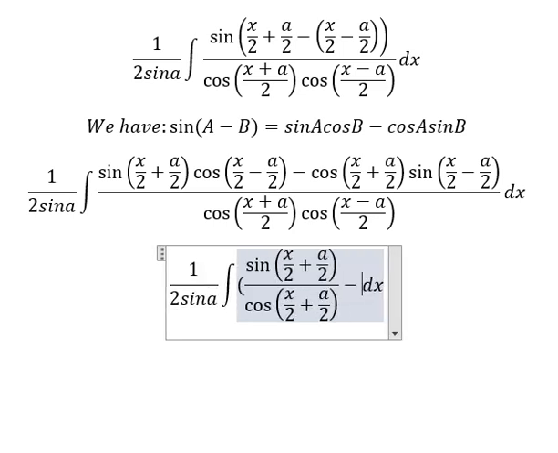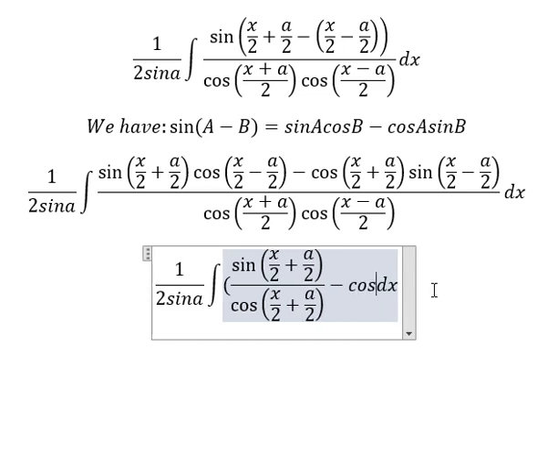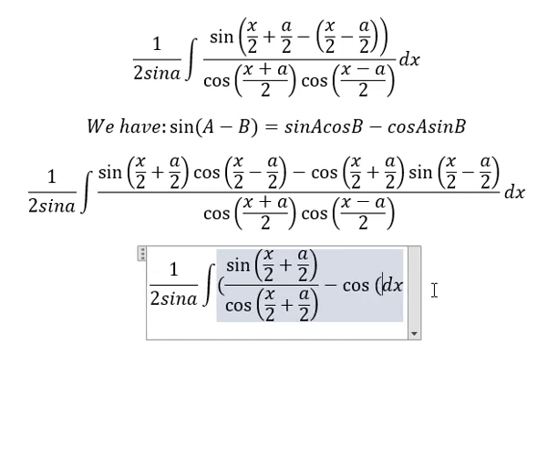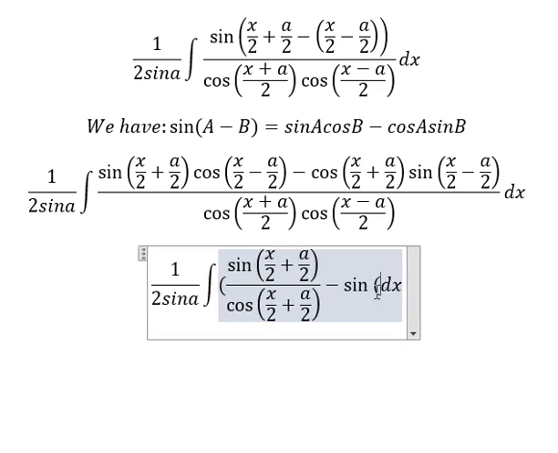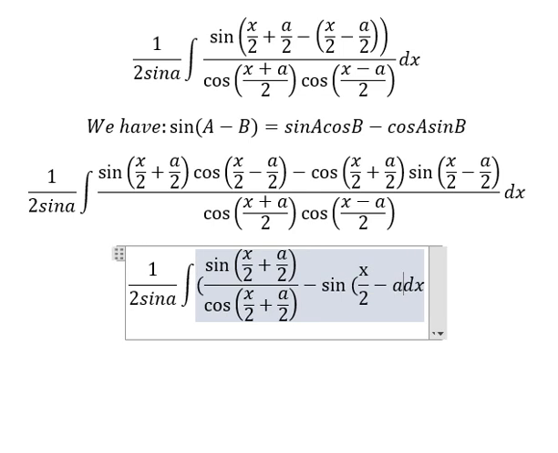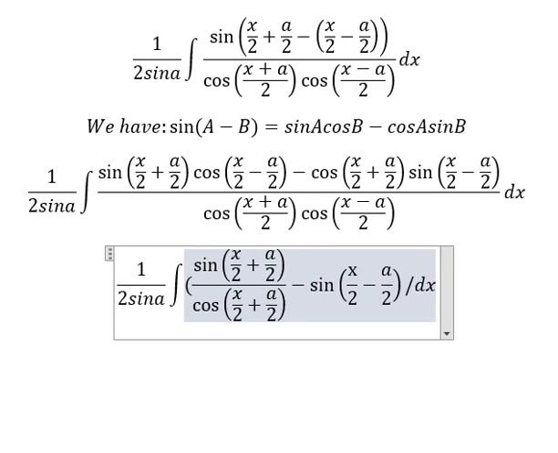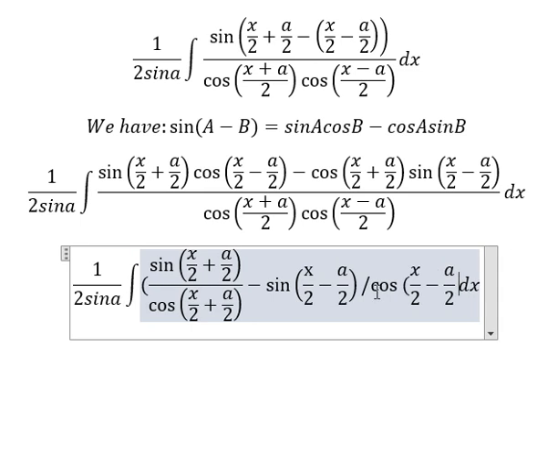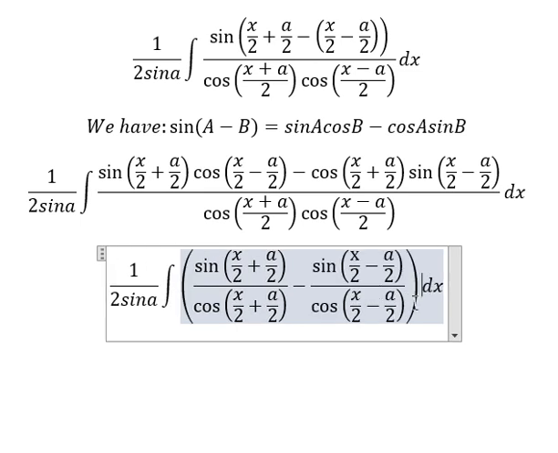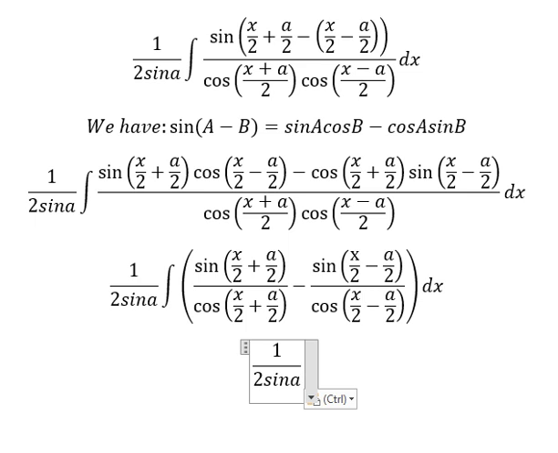And the next one we have the negative sign, and that is about sine of s over 2 minus a over 2 over cosine of s over 2 minus a over 2. And now we have the final answer.